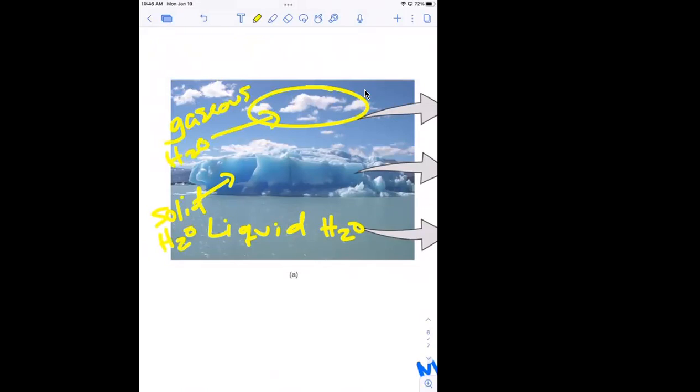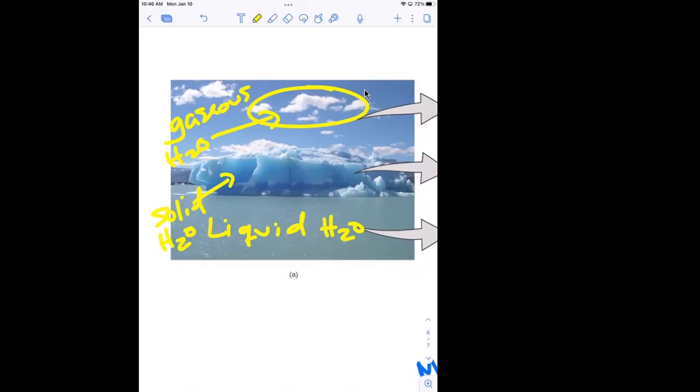This is macro. All of these are macro. We see the solid, the liquid, and the gas, and we can visibly see them. We know that clouds are not solid. They're made of air, gas, like the gas in the atmosphere, as well as some liquid or vapor particles in the atmosphere. But it's macro. I can see it, I can touch it.